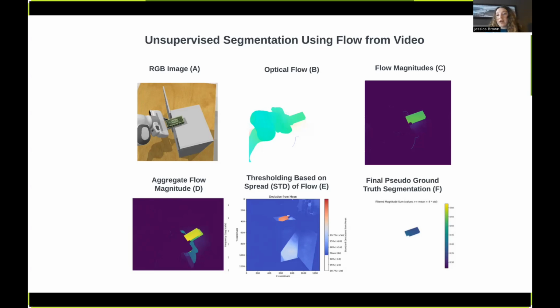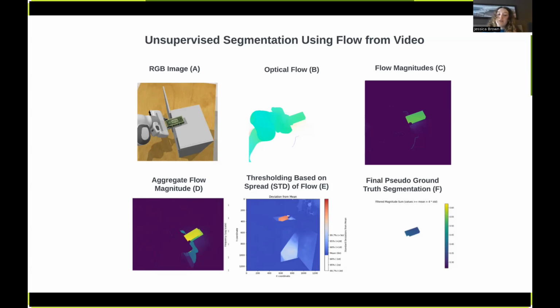To account for the fact that the robot and the human are also in the video demonstrations, we have pseudo ground truth human segmentations, which we get from Grounded SAM, and we have ground truth robot segmentations from RLBench. That's how we are able to do this thresholding technique.